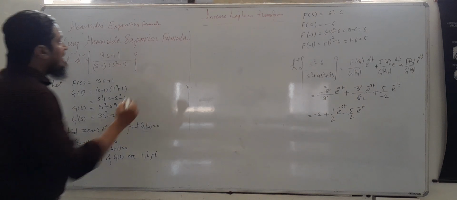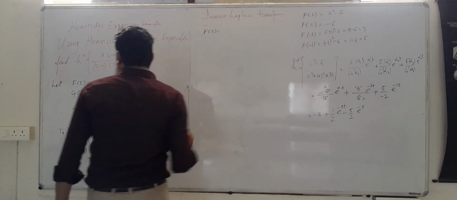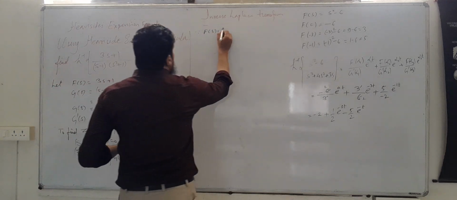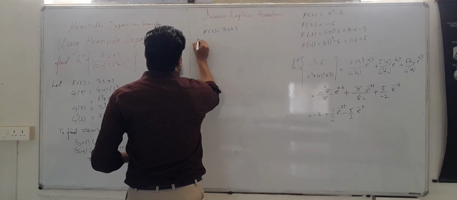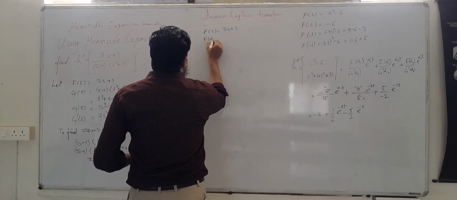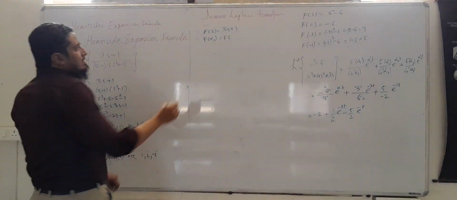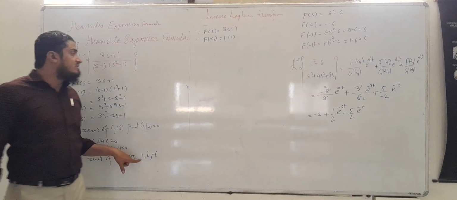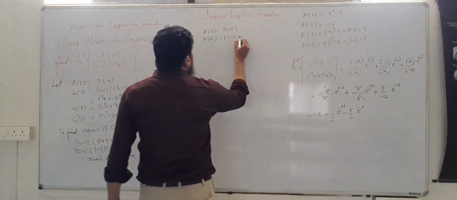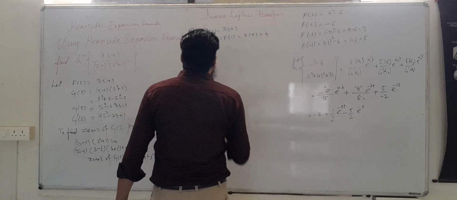Since f of s is equal to 3s plus 1, therefore f of alpha 1, that is f of 1, will give us 3 into 1 plus 1, which is 4.